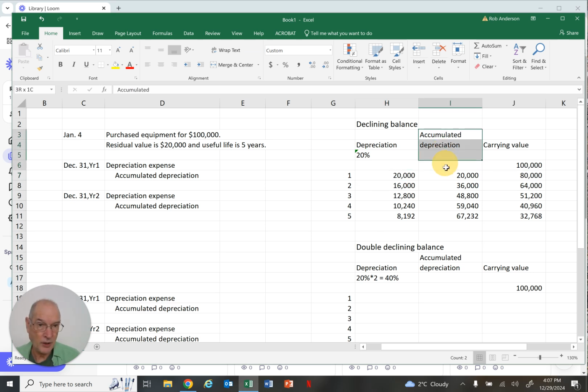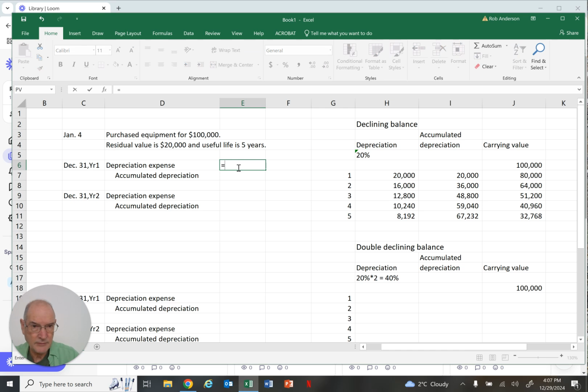So here I have a column for accumulated depreciation. Now, it's the first time we have depreciation expense, so accumulated depreciation is 20, and that leaves us a carrying value of 80,000. So, first year's depreciation is simply 20,000.